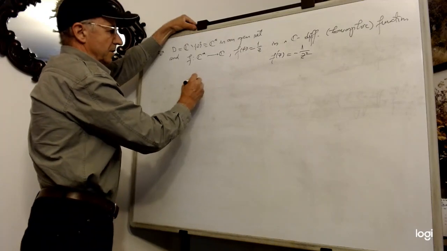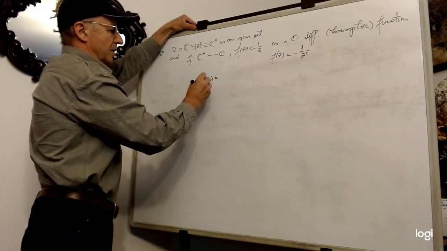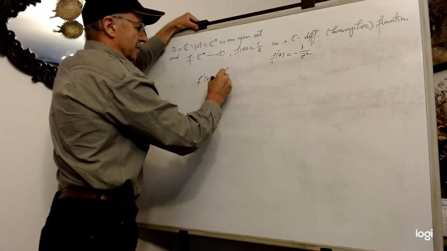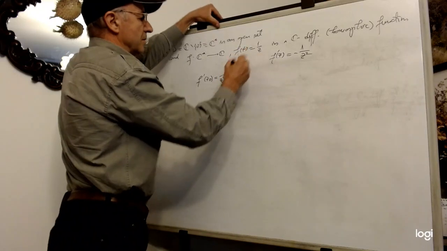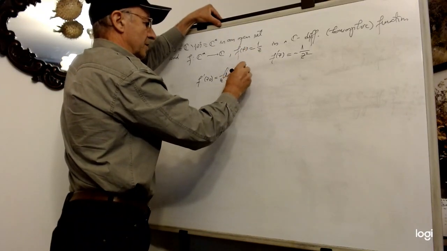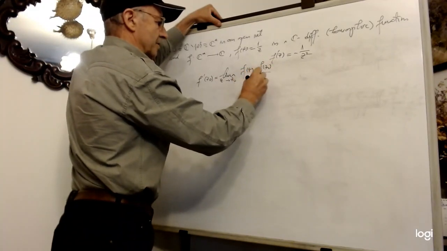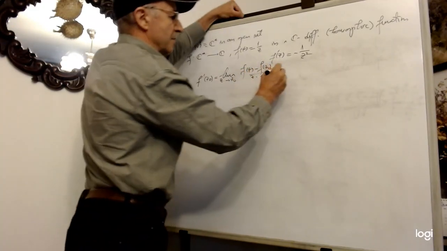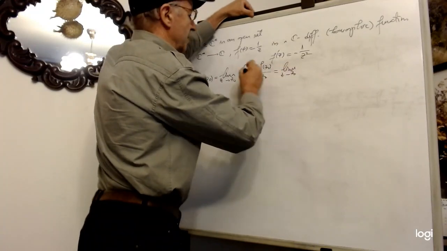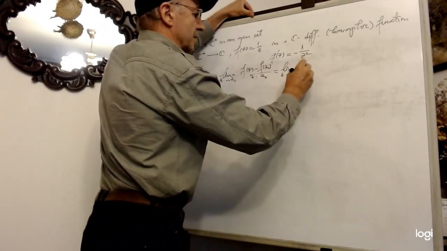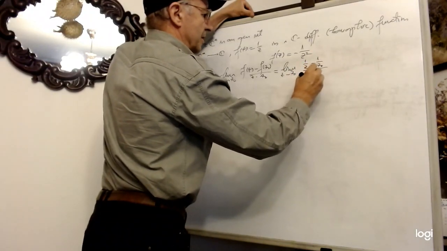For example, f prime at a fixed point z0 by definition is the limit z going to z0 of f of z minus f of z0 over z minus z0. In our case, limit for z going to z0 of 1 over z minus 1 over z0 over z minus z0.